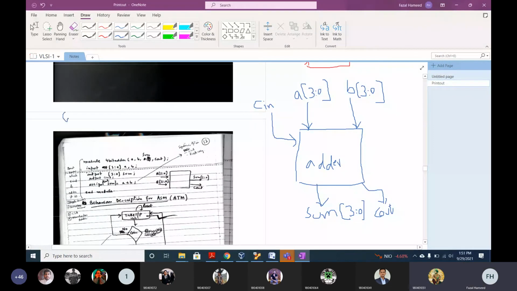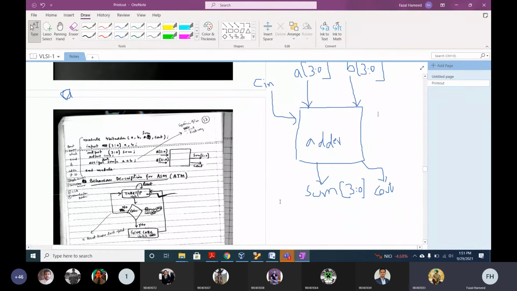A[3:0] means we have a 4-bit signal which has A3, A2, A1 and A0. These are the individual bits of the 4-bit signal.